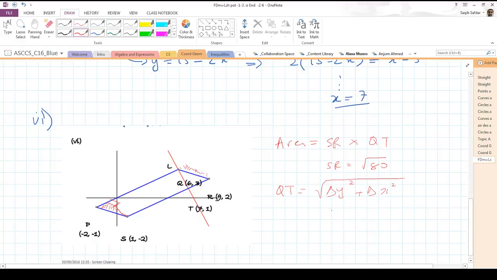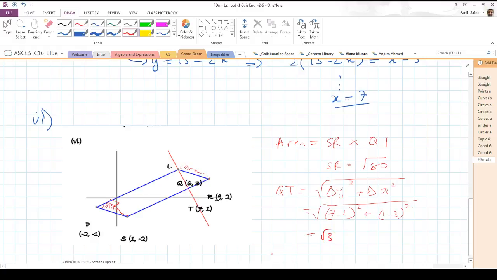So you've got 7 take away 6 squared plus 1 take away 3 squared, square root, and that should tidy up to give us a square root of 5.